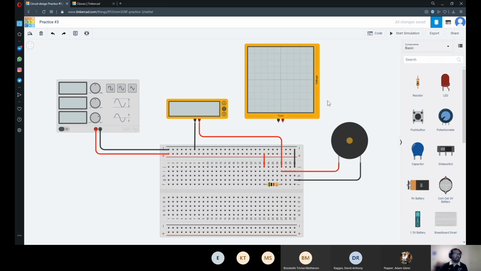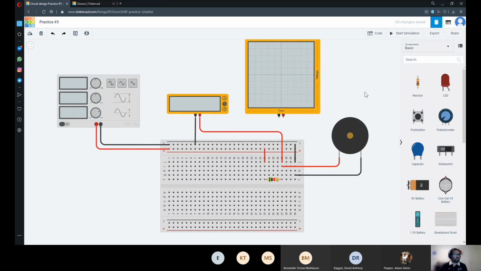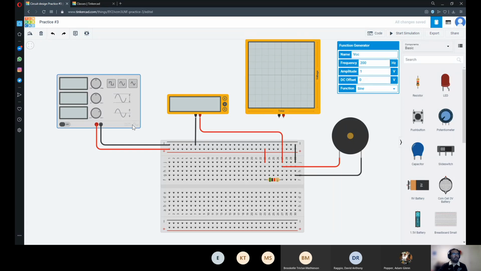Oh, okay. All right. For this exercise, I have connected a few elements to the board. So here we have a function generator. We can create different types of functions. For example, we can create a square, sinusoid, triangle signal.